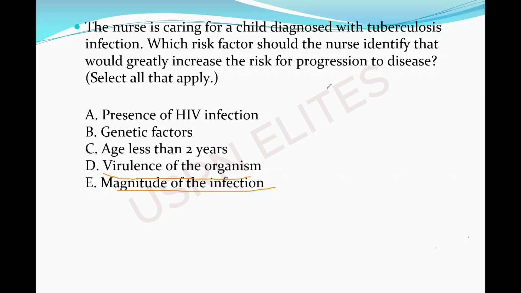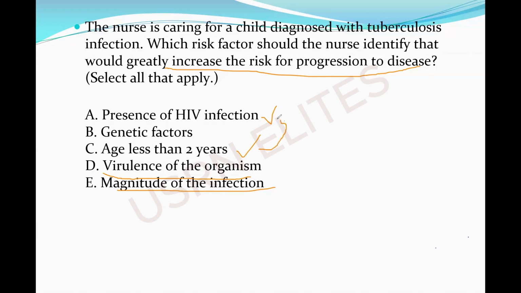Risk factors that the nurse should identify that will greatly increase the risk of progression of the disease: the first one, which is an immunocompromised person, and age less than 2 years, because it also has something to do with the immune system.